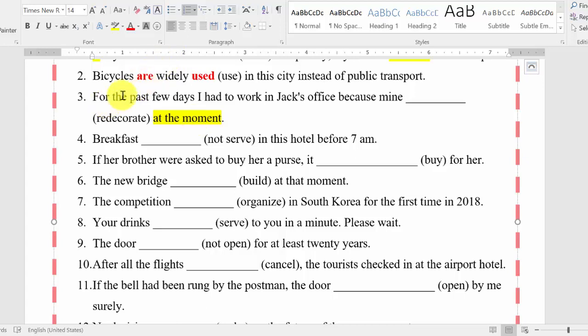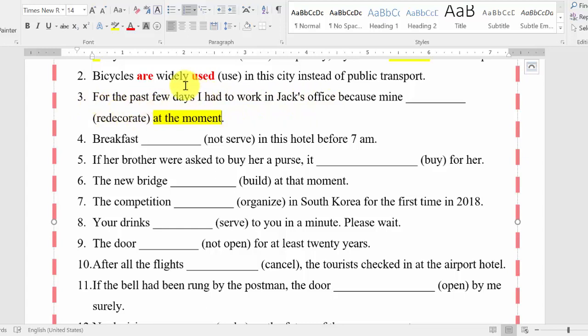But if you have for the past few days I had to work, then it should be either past perfect continuous tense, past perfect tense or maybe past tense. So which one should we follow? In this case, look at this part of the sentence, for the past few days I had to work in Jack's office.